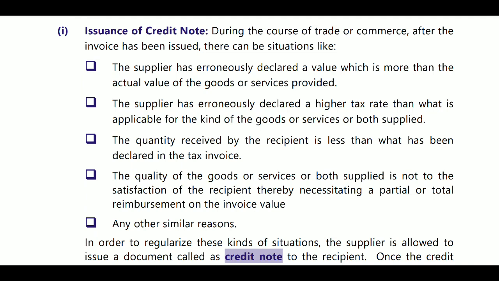Or tax charged in the invoice greater than tax payable in respect of such supply. Or where goods are returned by the recipient. Or where goods or services or both supplied are found to be deficient. In these cases you must issue the credit note.